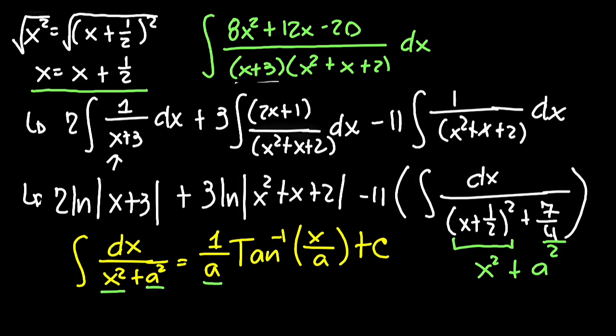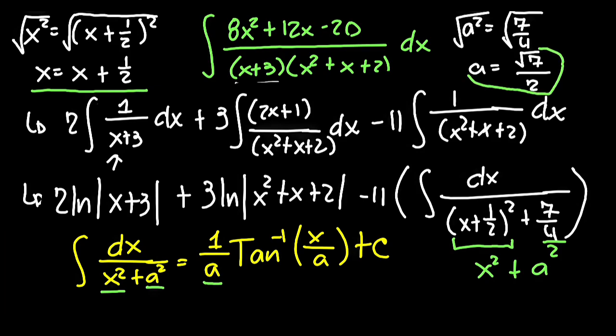For a here, a squared is equal to 7 over 4, and taking the square root of both sides, we can think of this as square root of 7 over square root of 4, and we know that the square root of 4 is simply 2, so a is equal to square root of 7 over 2.